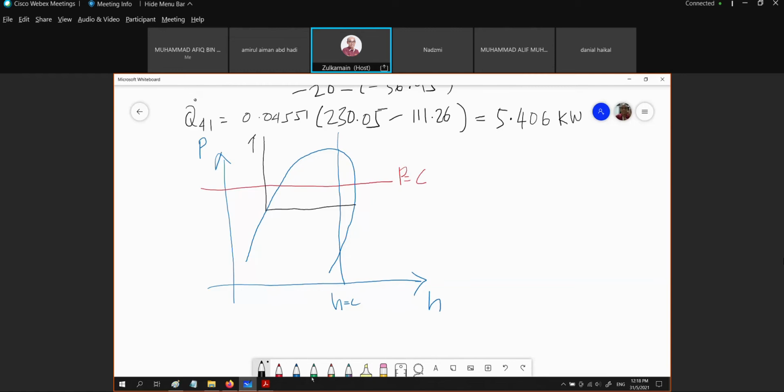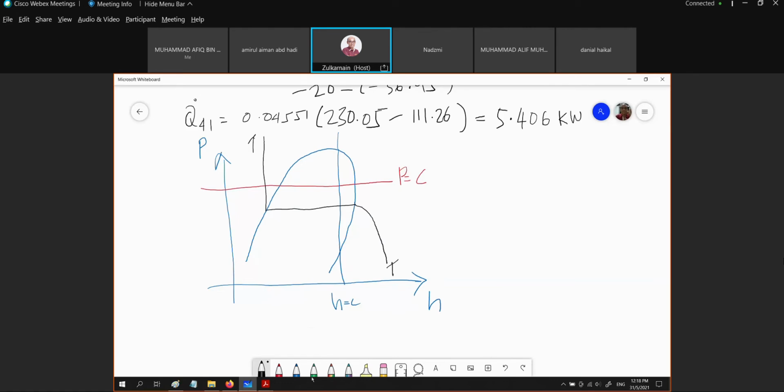And at the superheated vapor region, this is a curved type of profile. So this is our T. So this is the profile. pH diagram, pressure horizontal, enthalpy vertical, and the temperature line vertically at compressed liquid, horizontally at the mixture, and a curve going downward at the superheated vapor region.